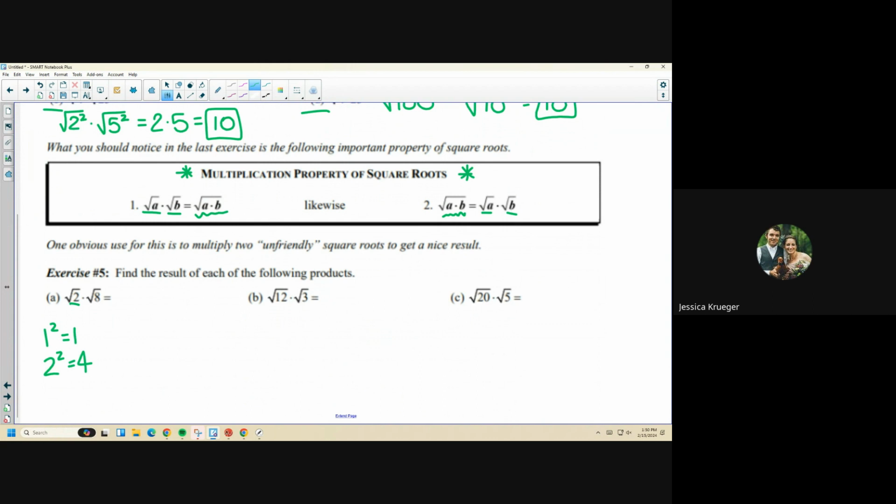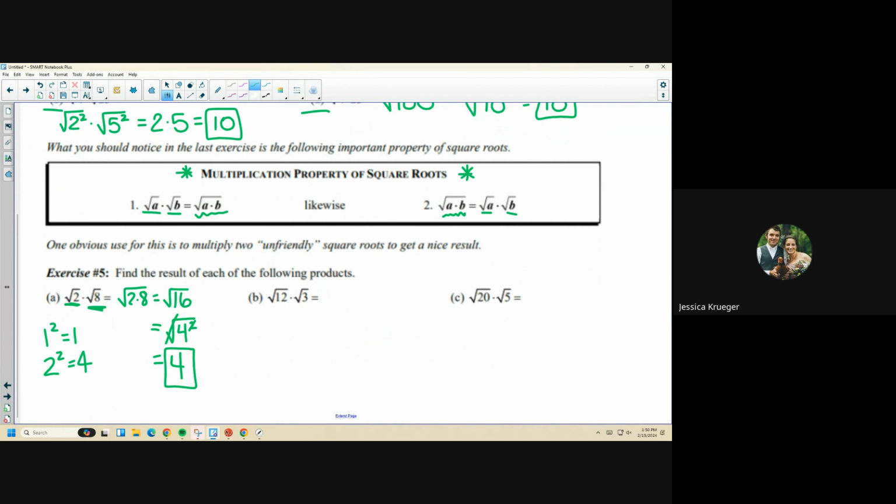So I can't take the square root first. So I'm going to multiply them first. So this will become the square root of 2 times 8, which is the square root of 16. And now 16 is a perfect square. It's 4 squared. The squared and the square root cancel, and that becomes a 4.